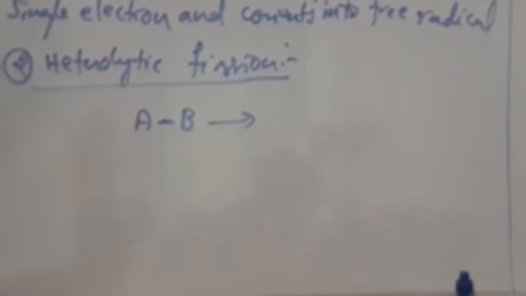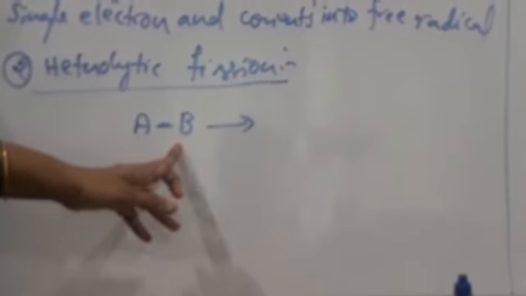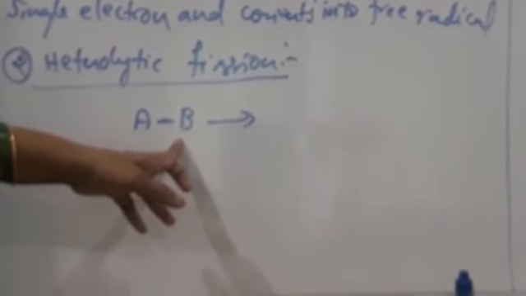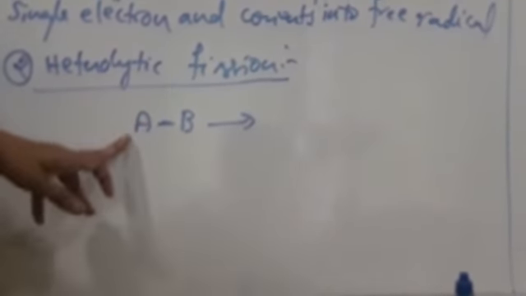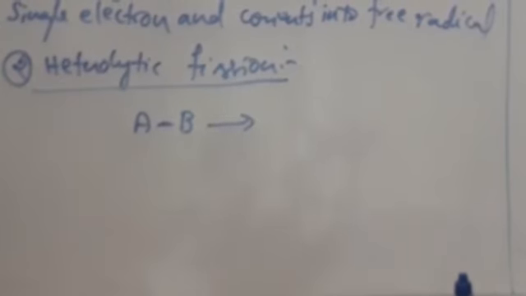So it separates out as an anion with more electrons. Meanwhile A, which is less electronegative than B, separates out as a cation.